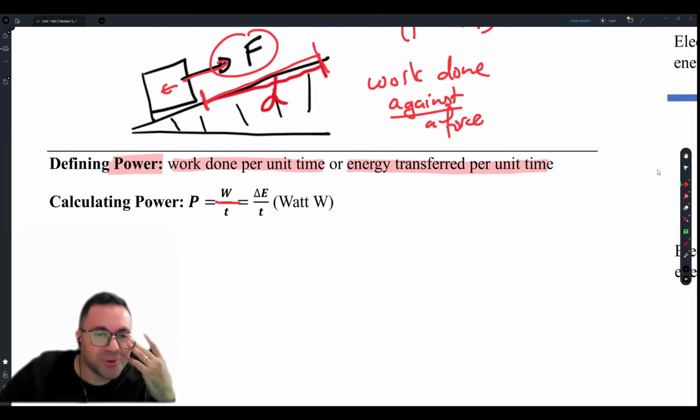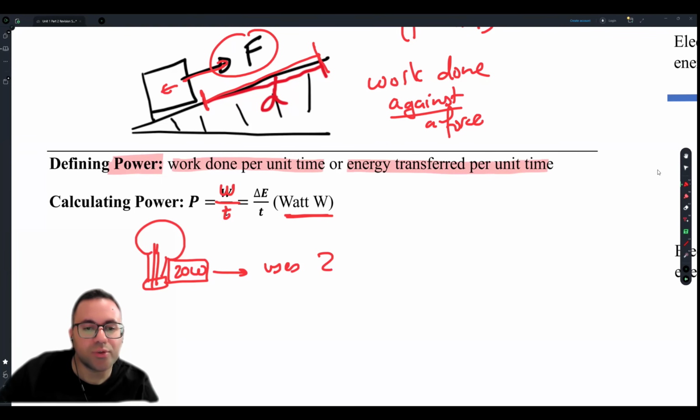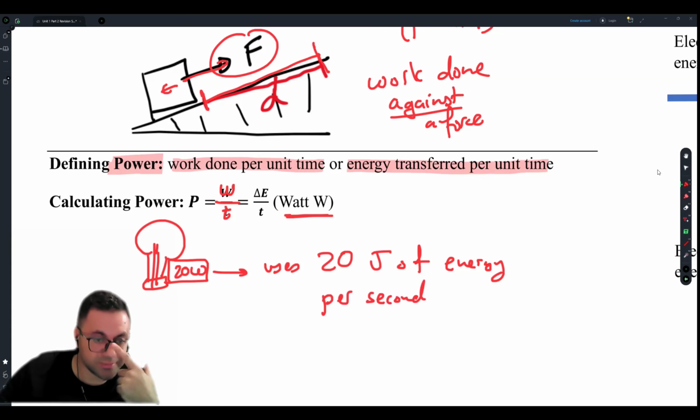Power is work over time. It's how fast you transfer the energy, and it's measured in watts. This means that if you have a light bulb rated at 20 watts, it uses 20 joules of energy every 1 second.